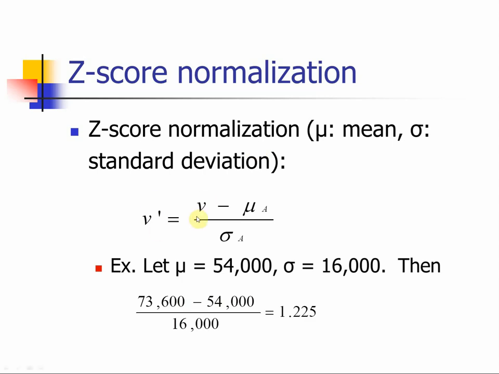You take your value minus the average of the attribute, divided by the standard deviation. Of course, you need to calculate the average of the attribute as well as the standard deviation of the attribute. Once you have those two values, you can convert all the values into z-scores. In that case, it is much easier to understand the values, compared with several thousands, and some of them hundreds or even single-digit values.